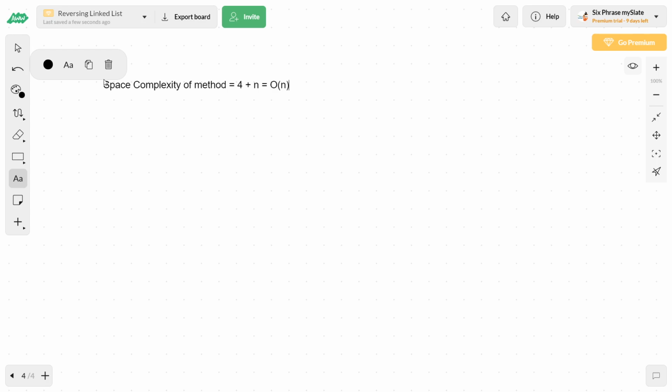You can check for different values of n and look at the growth, it will be linear growth. Similarly, let us also find the space complexity of method 2.